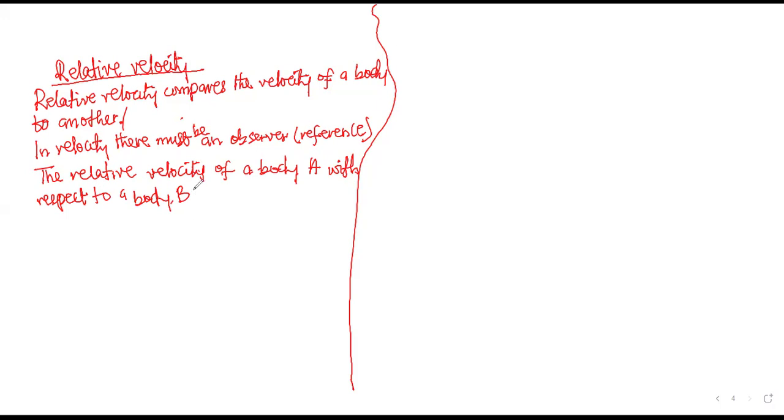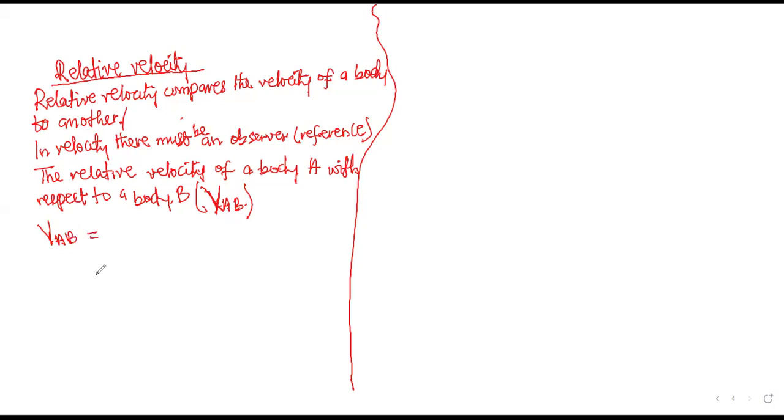When we are talking about the relative velocity of a body A with respect to B, the "with respect to" is the observer here. It's written as V of A, then B. So VAB means that we are looking at the relative velocity of A whilst it is being observed by B.